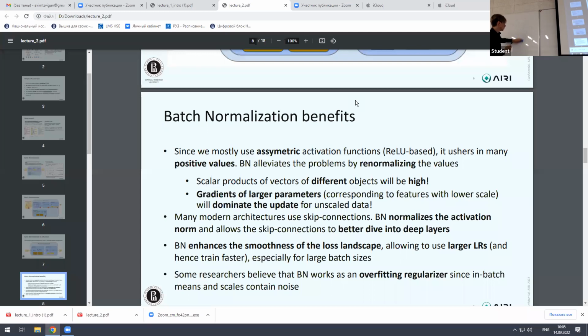It's used in all the modern NLP architectures, all the transformer-based architectures, and in a lot of computer vision and speech recognition architectures like ResNet. And batch norm works very well in conjunction with skip connections, since it normalizes the activation norm and allows skip connections not to have large values.